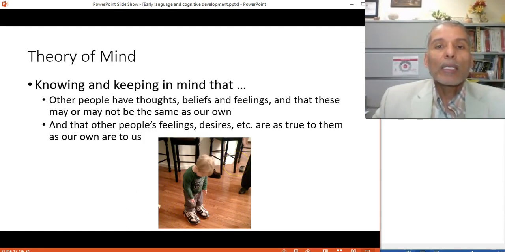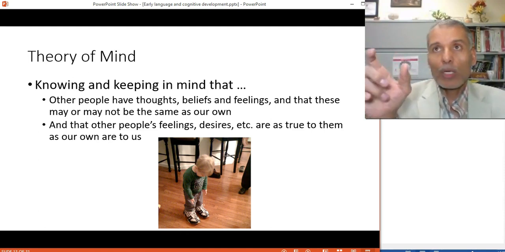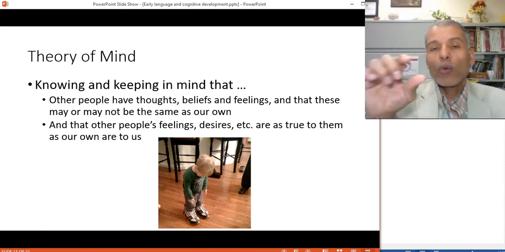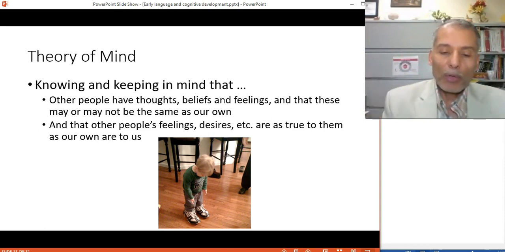Theory of mind means that you are able to take someone's perspective. Just in one phrase, theory of mind equals social perspective taking, and we touched upon it previously.